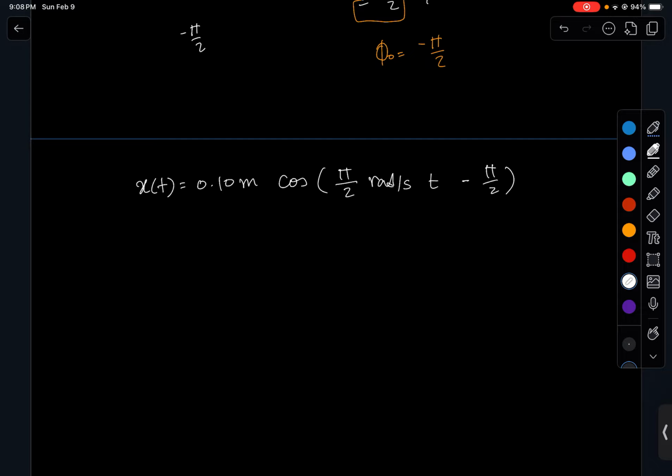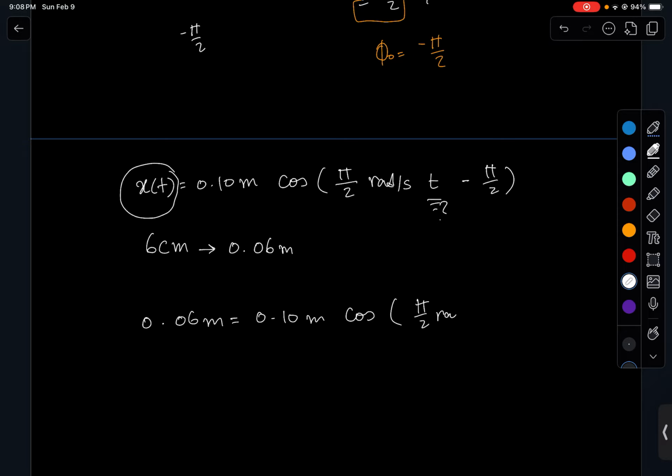Right now, we need to plug the 6 centimeters into our equation to find the time. So let's convert 6 centimeters to meters. It's going to be 0.06 meters. So 0.06 meters equals 0.10 meters times cosine of pi over 2 rad per second times t minus pi over 2.